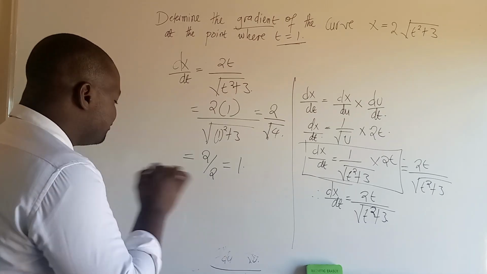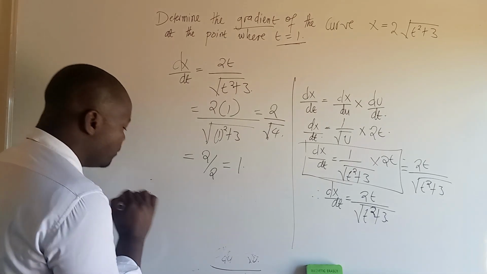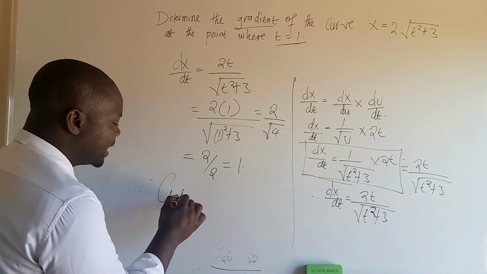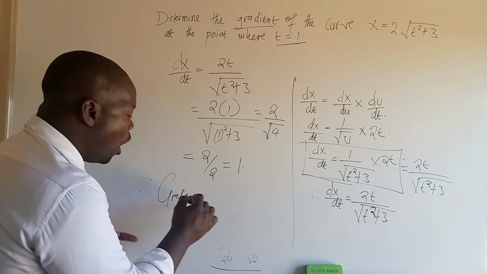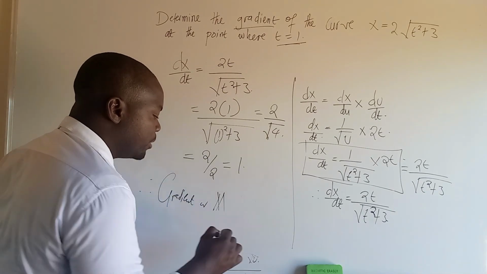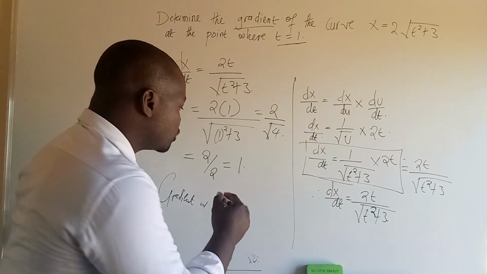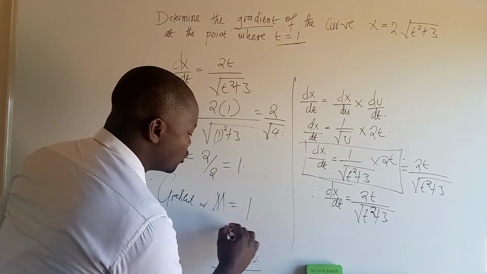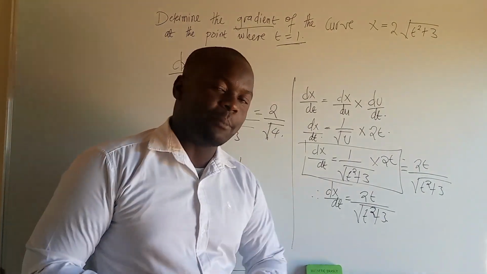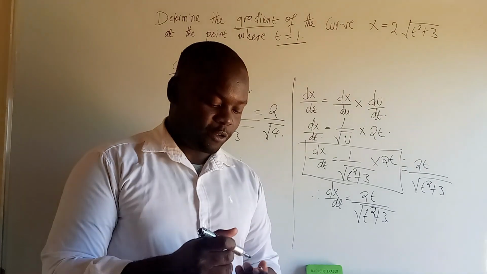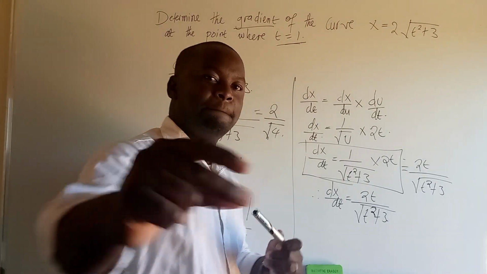So therefore, the gradient, you can write as a full word, or you can say m, because m stands for gradient. So gradient is equal to 1. So this is our answer. Very simple to solve this type of question. Thank you very much for solving this question with me.